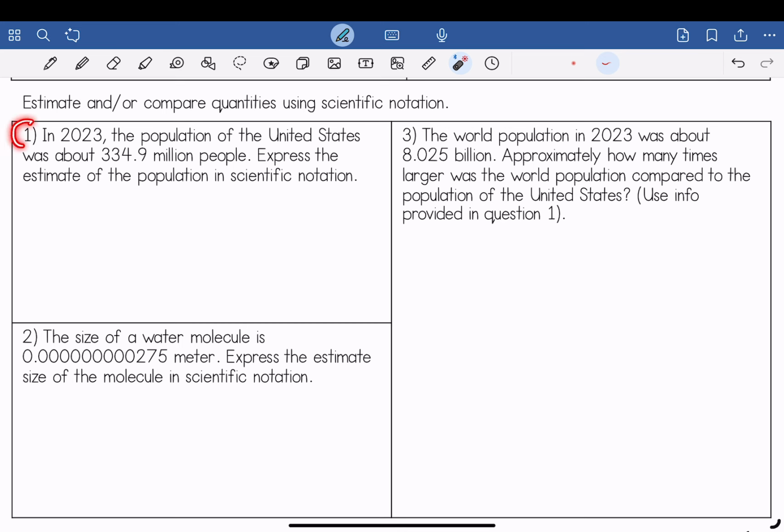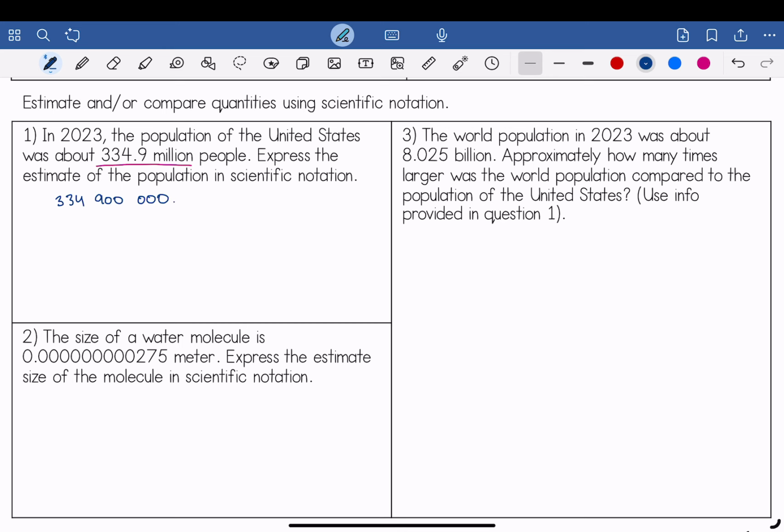Question 1. In 2023, the population of the United States was about 334.9 million people. Express the estimate of the population in scientific notation. So I'm going to first rewrite this number in standard form, 334,900,000.